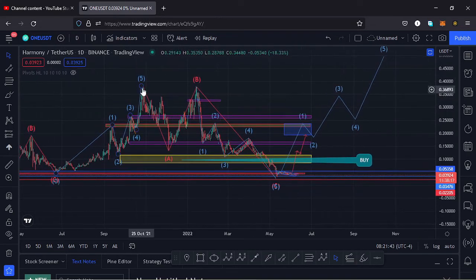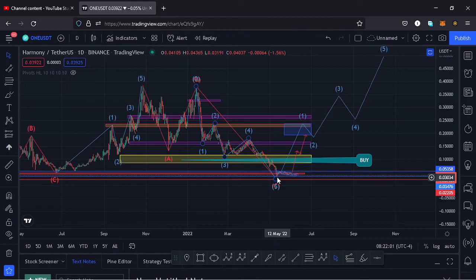From the all-time high at around the $0.38 mark, Harmony One has been seeing lower prices in this massive ABC correction, and the ABC correction has taken us to around the $0.03 mark, and I believe Harmony One has done whatever it needed to do in its ABC correction.